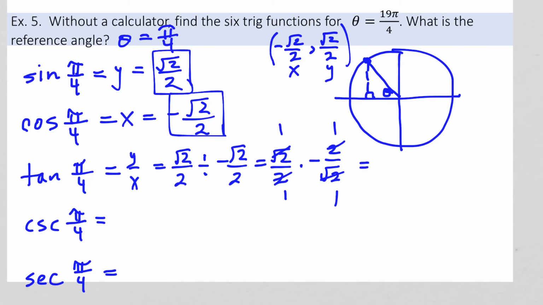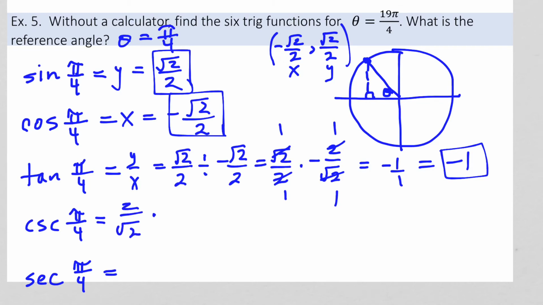So you're left with negative 1 over 1, which is just negative 1. So the tangent is always going to be negative 1 when you're on your 45 degree lines and you have opposite sign.